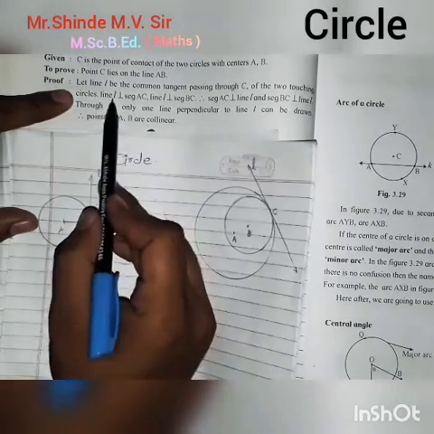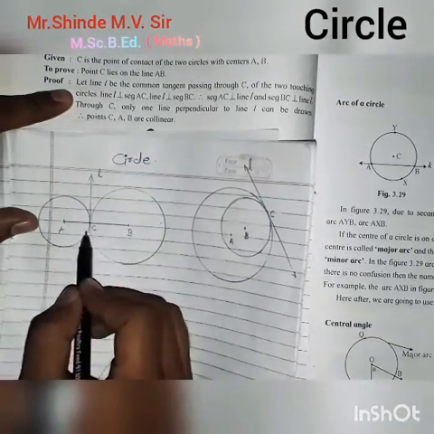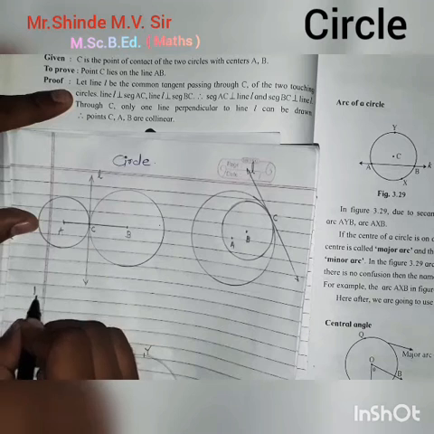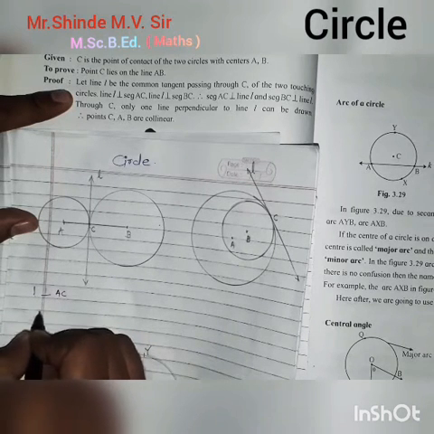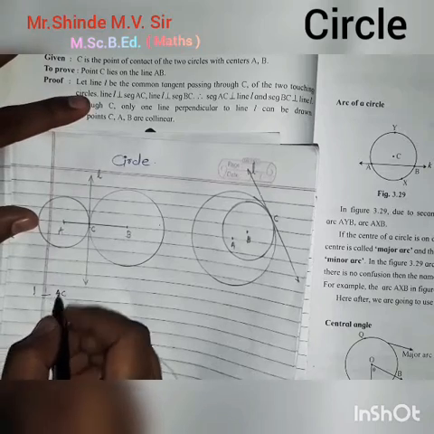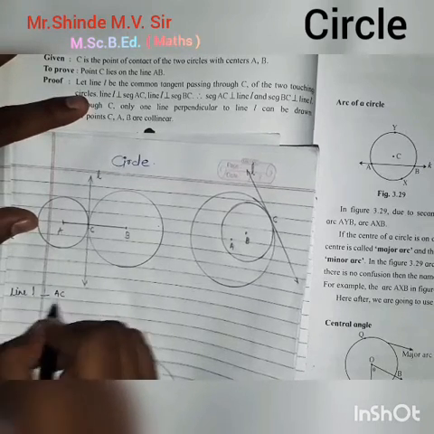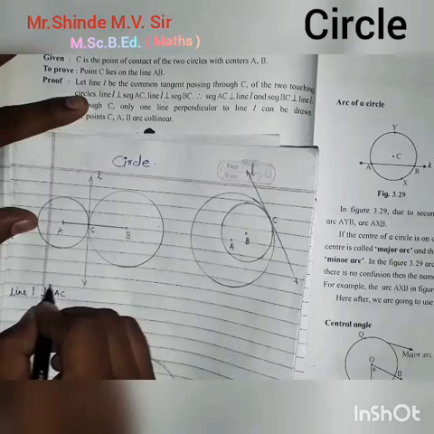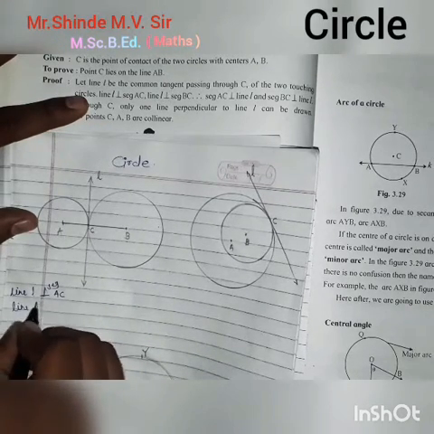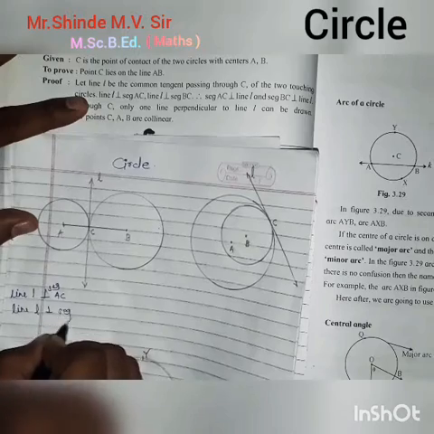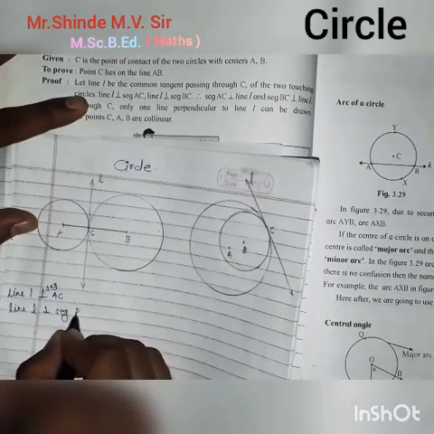It means that line L is perpendicular to AC, and line L is perpendicular to segment BC.